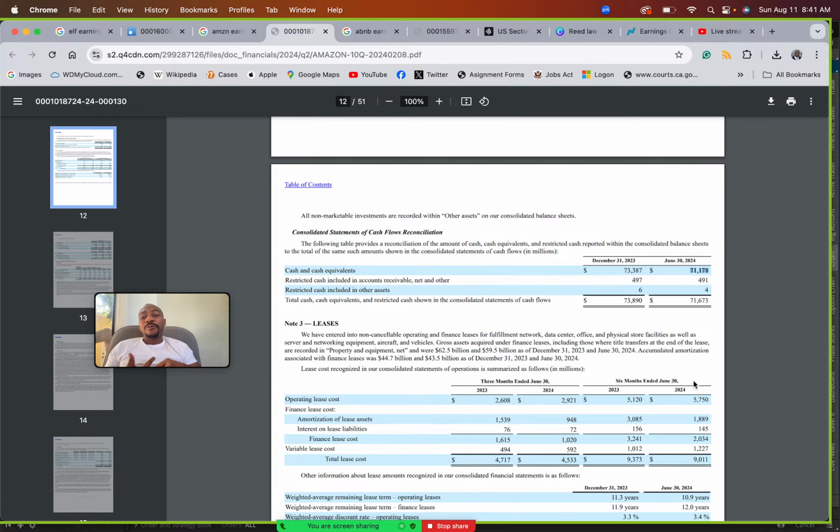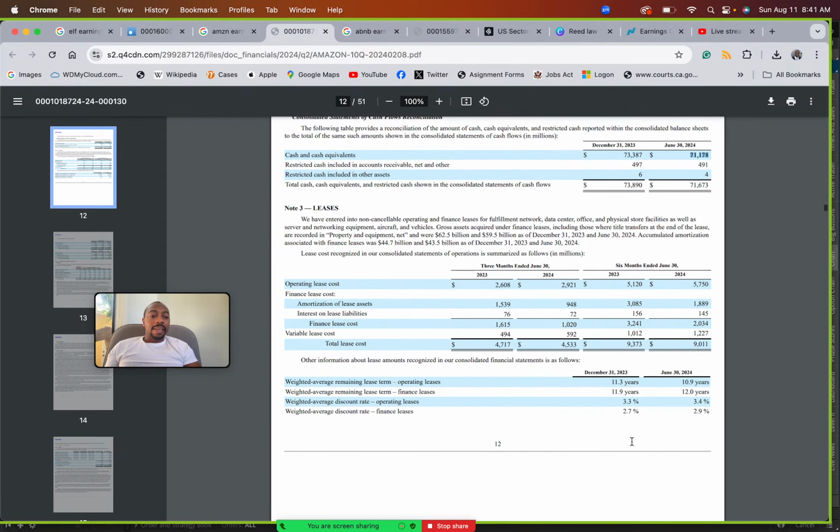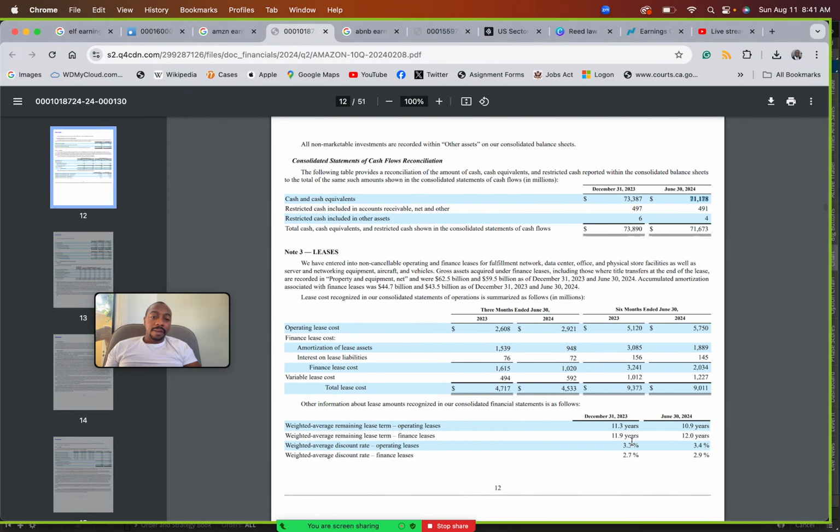Even if interest rates are coming down, as the market seems to think, they're going to benefit from that. And even if we did go into a recession, they've got $71 billion just sitting on the sideline. So they can buy companies, they can increase investments, they could potentially issue a dividend.